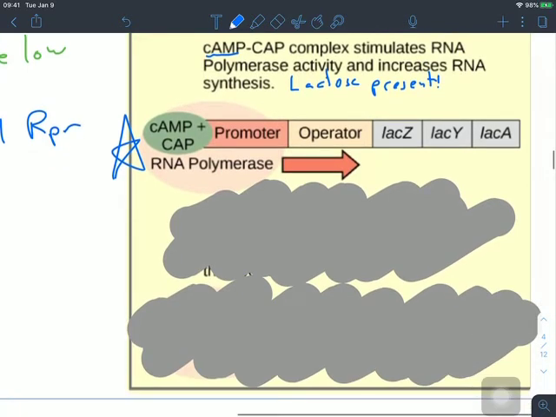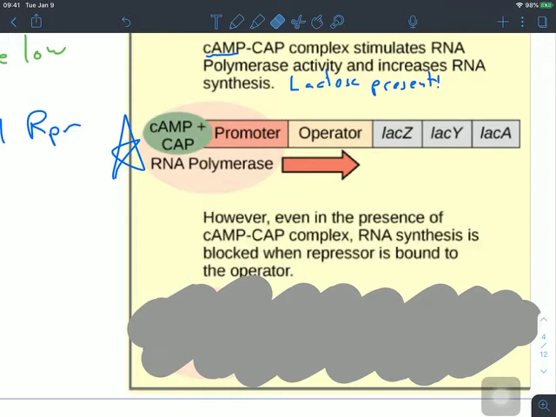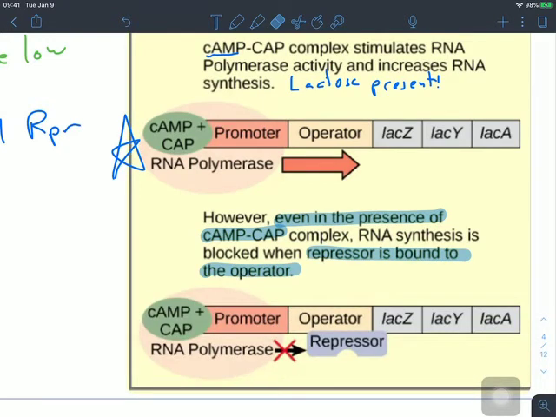from that for that prokaryote. In our fourth case, you need the energy even in the presence of CAP-cAMP, the cell is signaling I need energy. RNA synthesis will be blocked if the repressor is bound to the operator rather than to lactose. And so this is what it looks like.